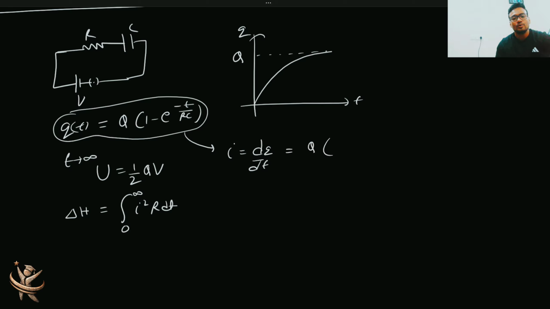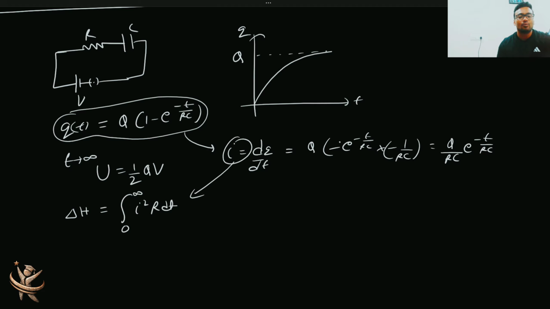This will be Q times minus e to the power minus t by RC, times minus 1 by RC. So it is Q by RC times e to the power minus t by RC. Put this in the integral, and you finally get half QV. Once it reaches steady state, that is the loss.